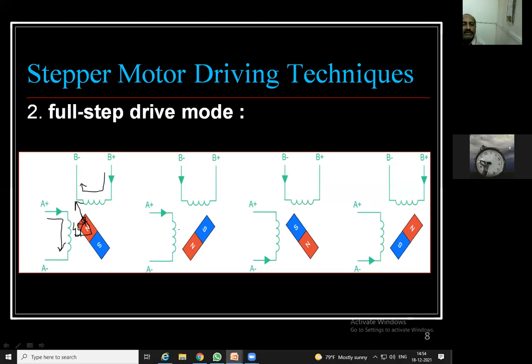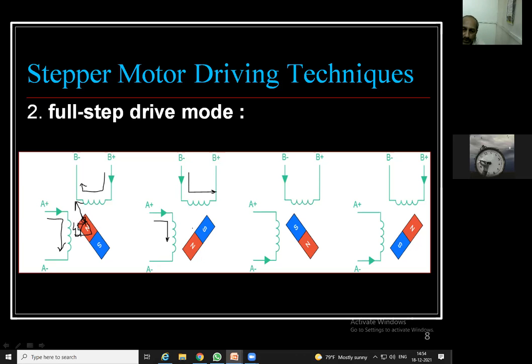The next step, we are going to change the direction only. If you observe, the A coil current direction is the same, but the B coil is changed, that is it becomes opposite.